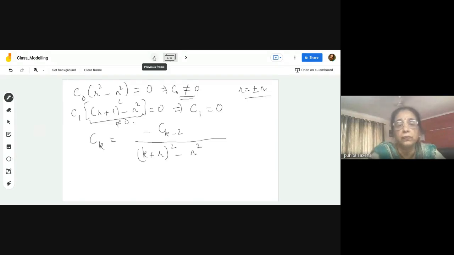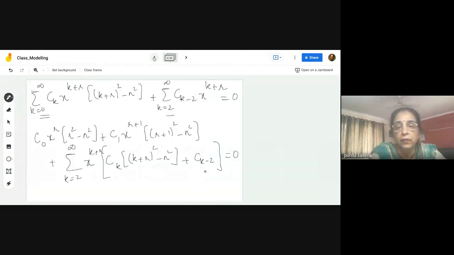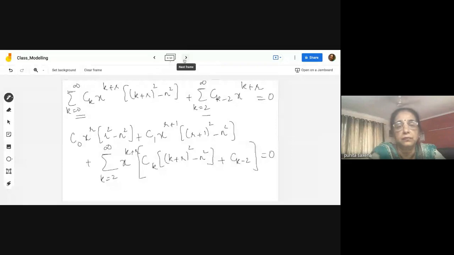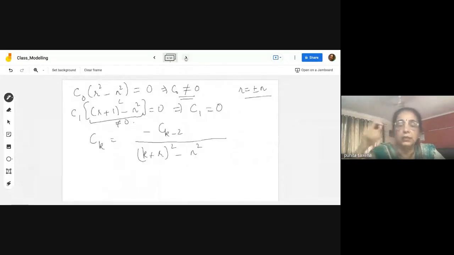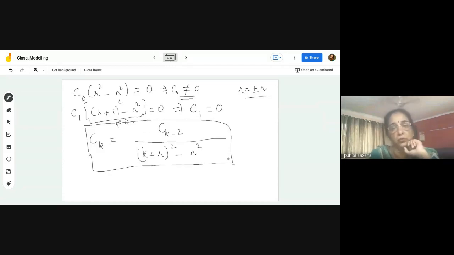Is that so? Right. So this is going to be our recurrence relation that we are going to use. But one thing is very clear, that c1 is equal to 0. And this recurrence relation will hold good for every k more than or equal to 2.